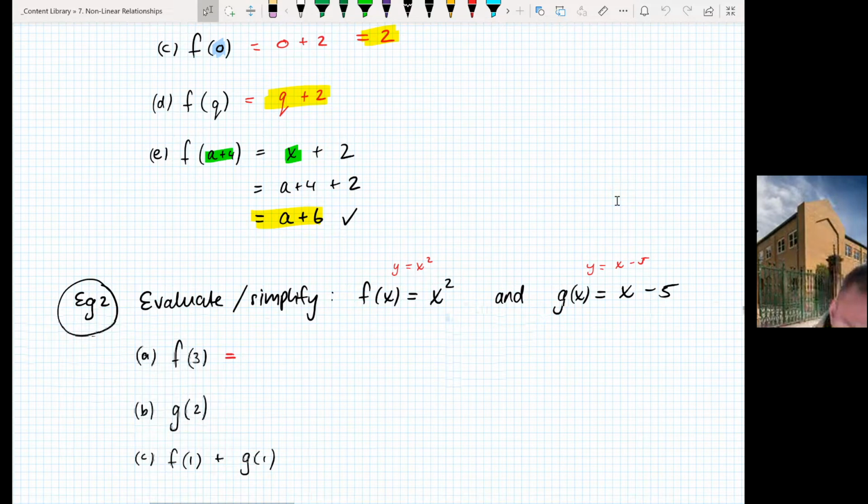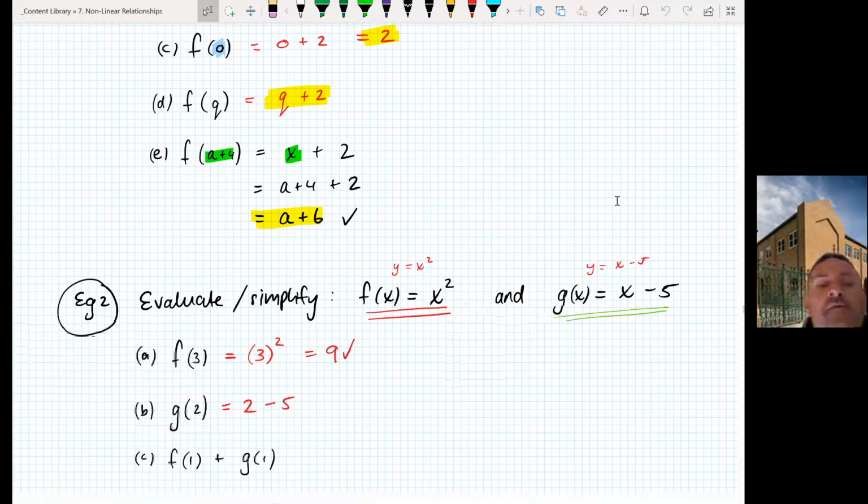So I'm going to put a 3 in where the x is. And what's 3 squared? Well, 3 squared is 9. Done. If I said g of 2, well, that would be the second equation because that's the g of x, which is x minus 5. So I'm going to write 2 minus 5. And what's 2 take away 5? Well, that's minus 3. Job done.